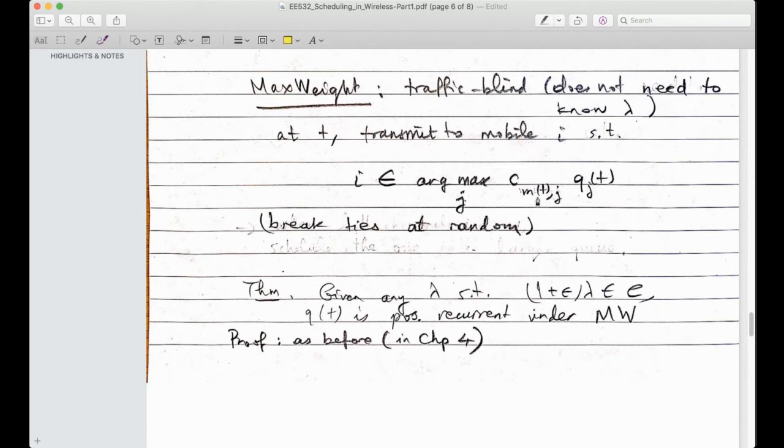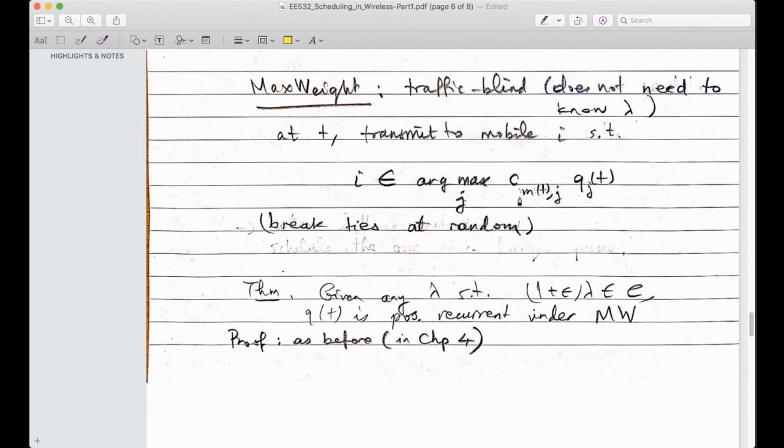So here it is the rate and the queue size. The queue size shows how badly this user's queue needs service, and the C shows its potential for using the capacity of the channel.